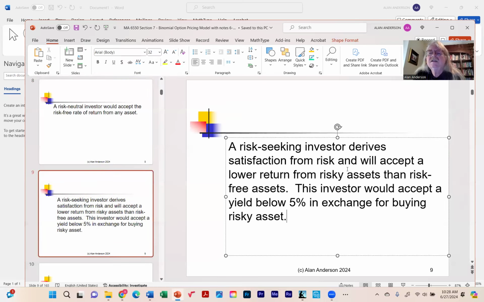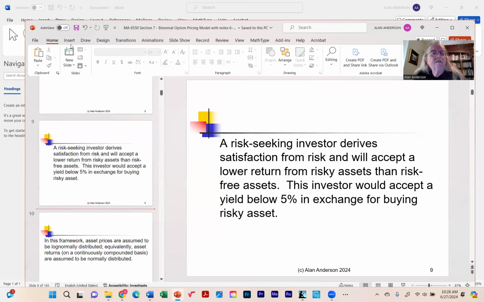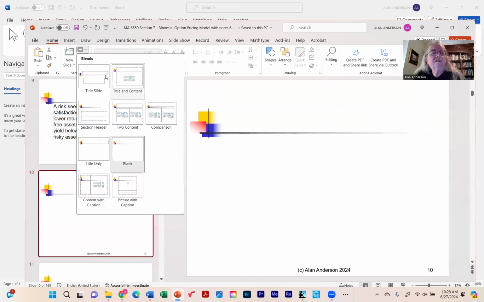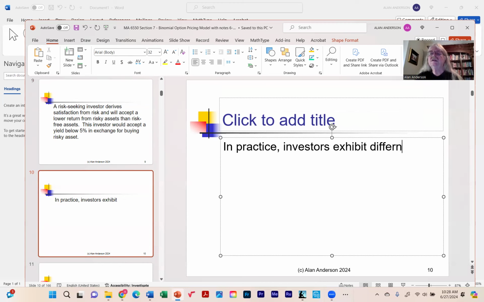It's not likely. So in practice, what we see is that investors exhibit, based on their market behavior, different levels of risk aversion.